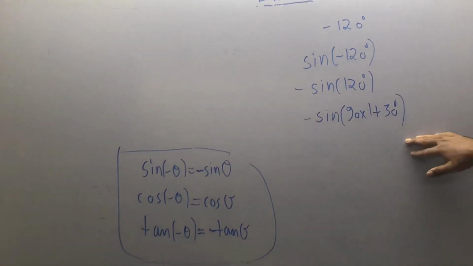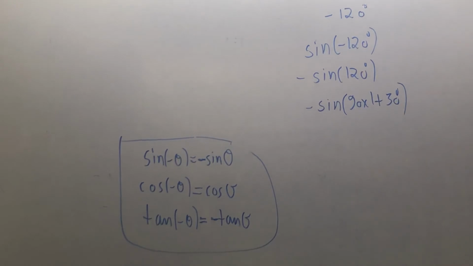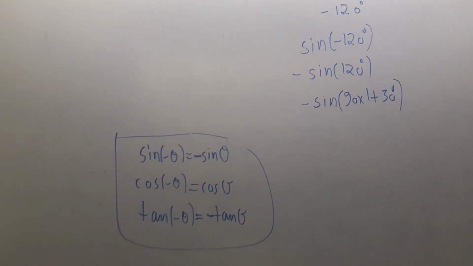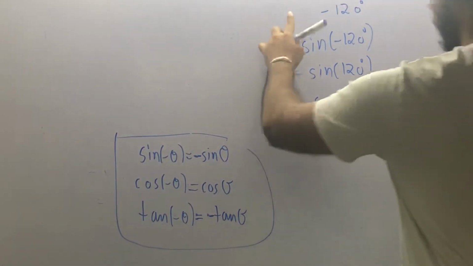You can write it like this: 90 into 1 plus 30. Which quadrant? Second quadrant. In the second quadrant, is the sign positive or negative? Sign is positive. So I will write the minus sign again, since this sign will be carried forward.